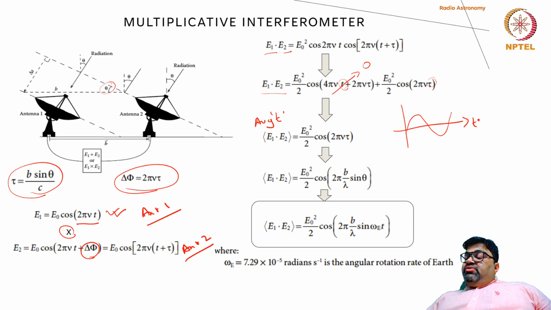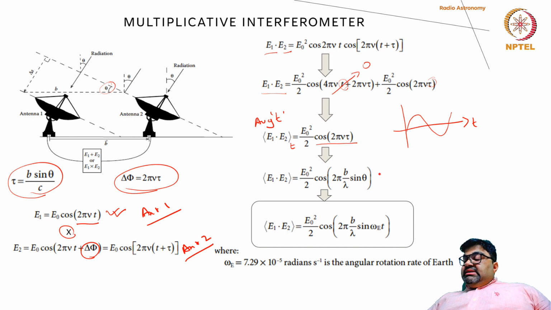So you can prove that E1 dot E2 averaged over time can be represented by simply E0 squared by 2 cosine of 2 pi nu tau. Now tau is nothing but B sine theta divided by c, or nu times tau can be represented by B sine theta divided by lambda.